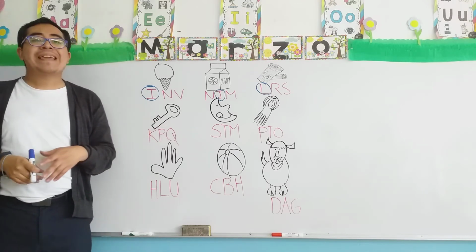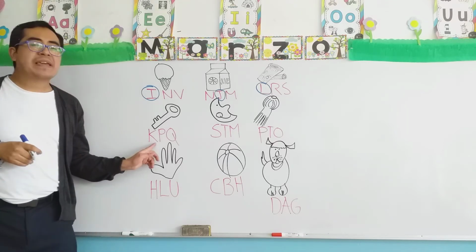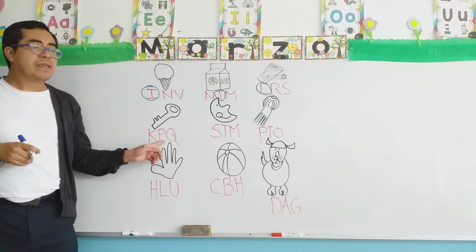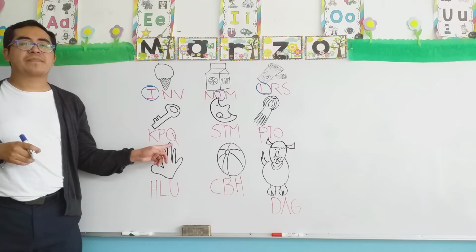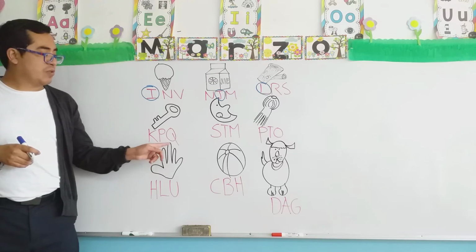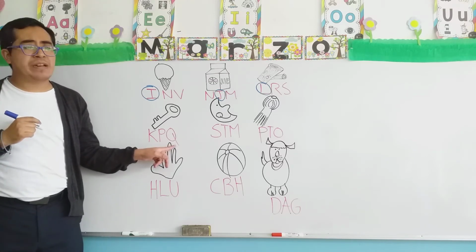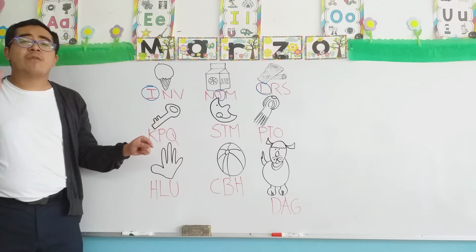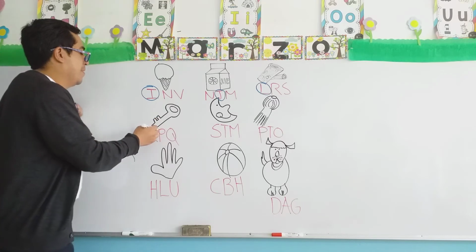So, for the key, what letter do we use? K, P, or Q? K, very good. Because for Q, we only saw, únicamente vimos queen and not key. For key, we saw capital K. Very good.